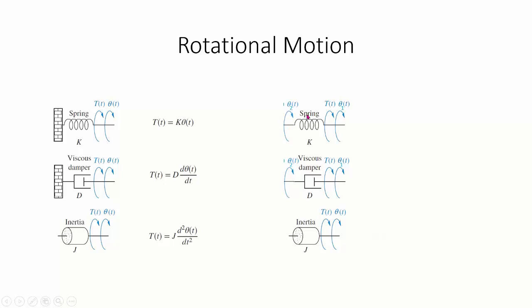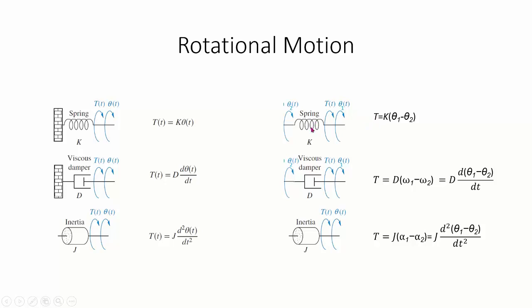Then in that case the torque is given by the relation k times theta1 minus theta2. Because if you observe, the net angular displacement happening within the spring will be theta1 minus theta2, and that will correspond to the net torque produced by the spring.